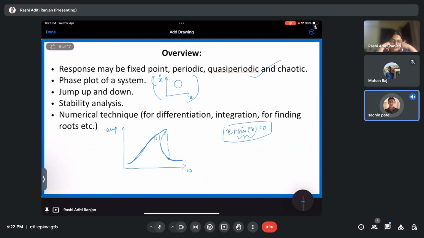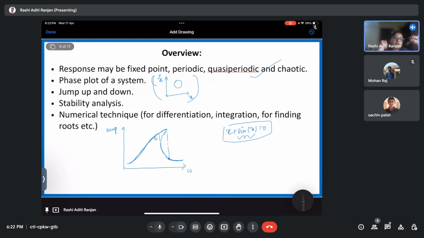Suppose we have x double dot as the first differential equation, and in that x and y both are there. Same way, the other is the y double dot differential equation, and in that also x and y both are available. So the phase plot will be x dot versus x, or will it be x y if it is a mix of x and y?